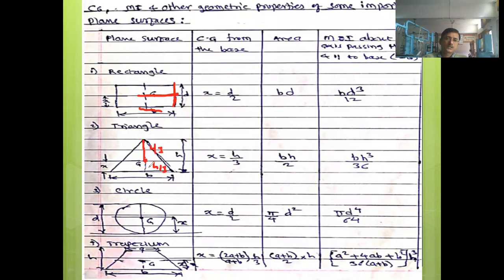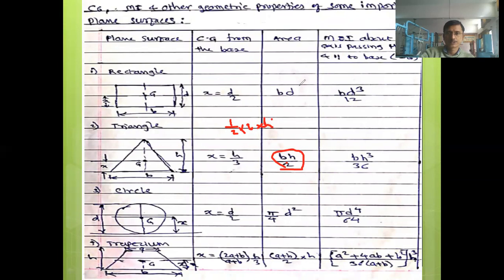Then the area of the triangle is half into base into height, so half into b into h.